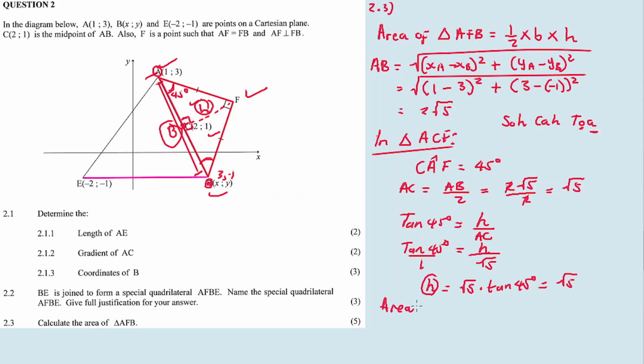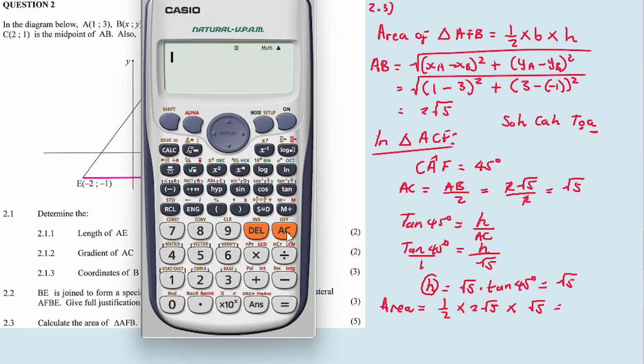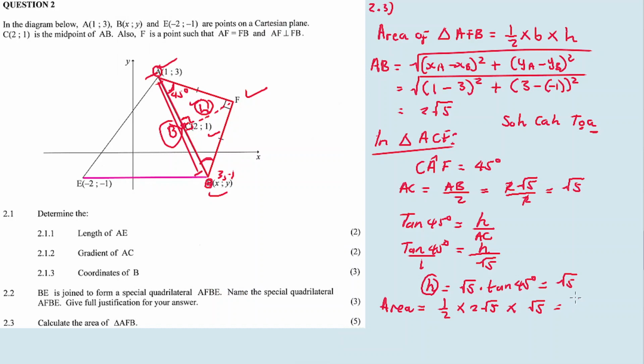The area is equal to 1 over 2 times base, which is 2 square root 5, times height, which is square root 5. The 2 cancels the 2, square root 5 times square root 5 is 5. I'm not using the calculator so that everyone can see it, because I'm calculating mentally now. Okay, 5, so our area is 5 square units.